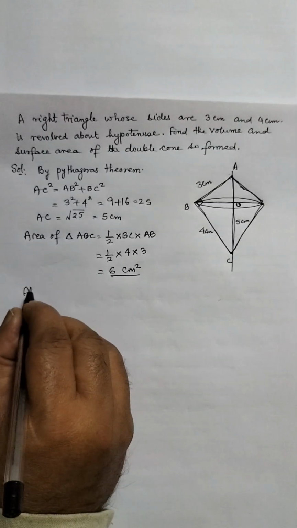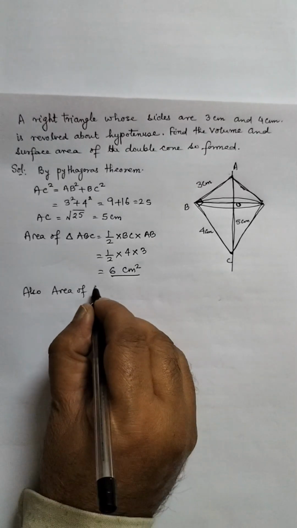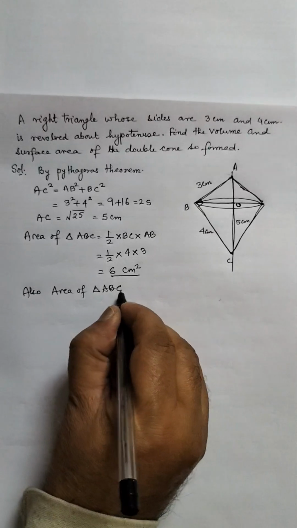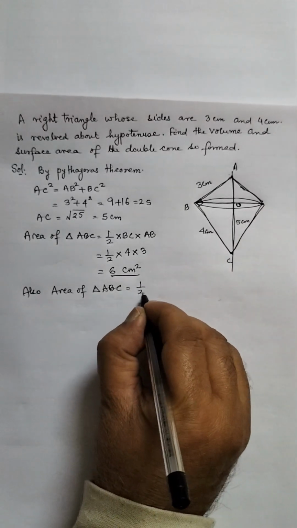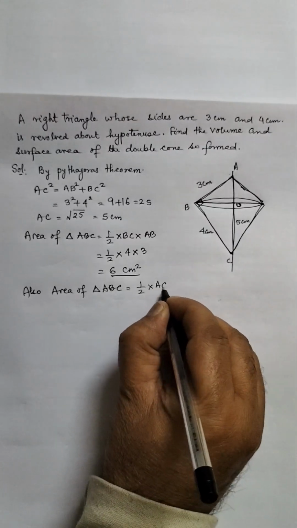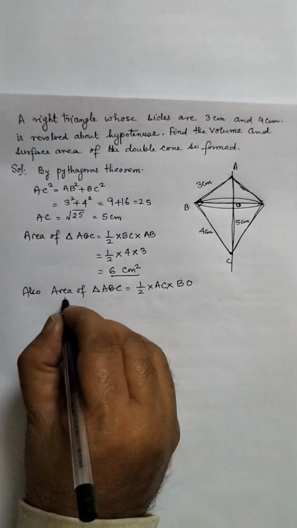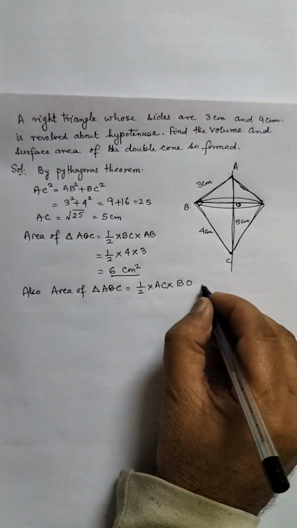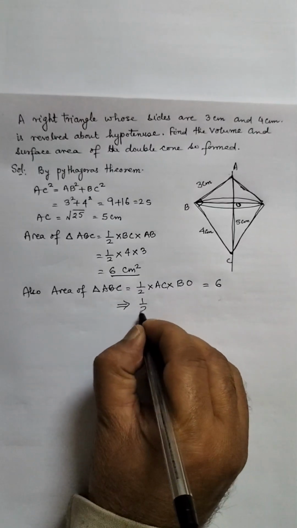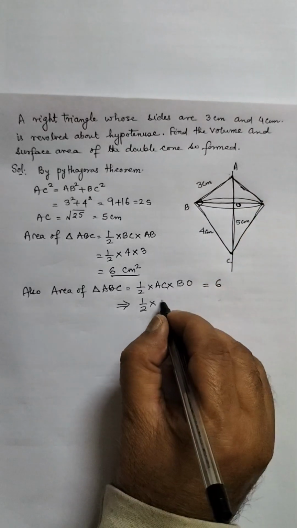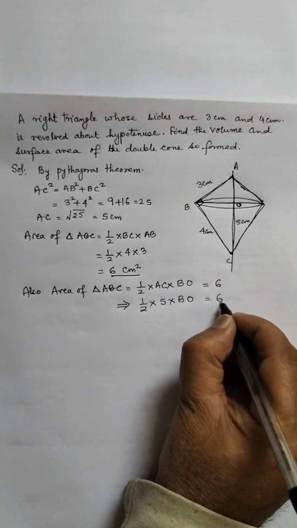And also we know area of same triangle ABC, considering AC as the base, will be half multiply by AC multiply by BO, and this area is the same, so will be equal to 6. This will imply that half AC we have as 5 and BO is equal to 6.